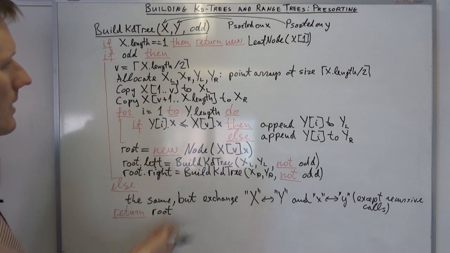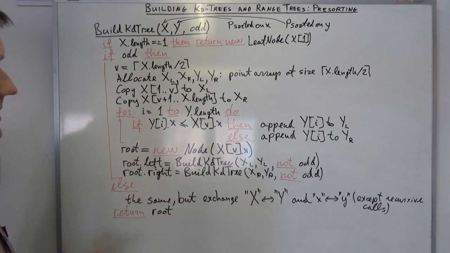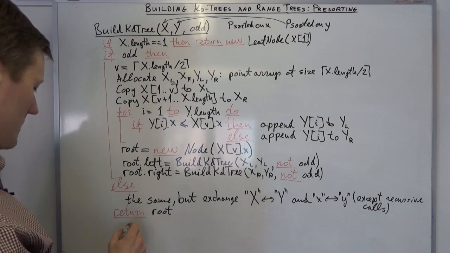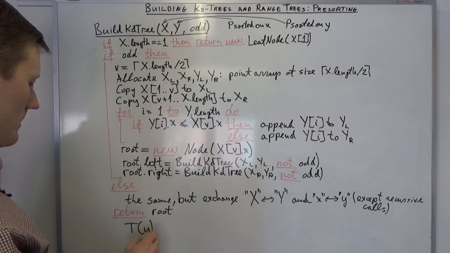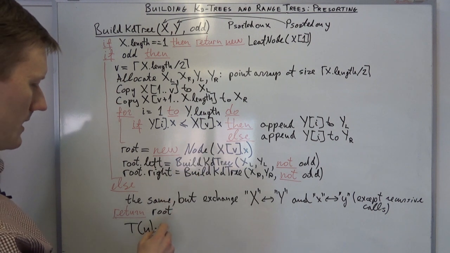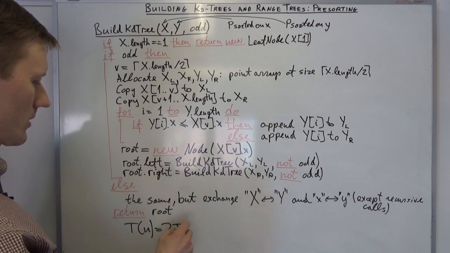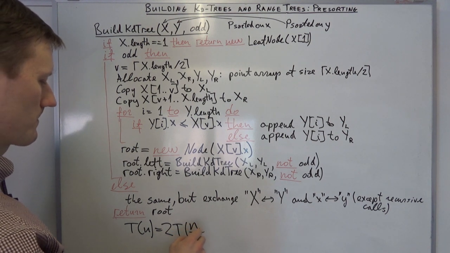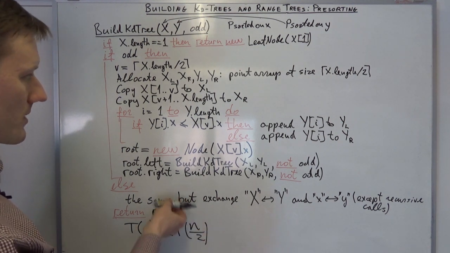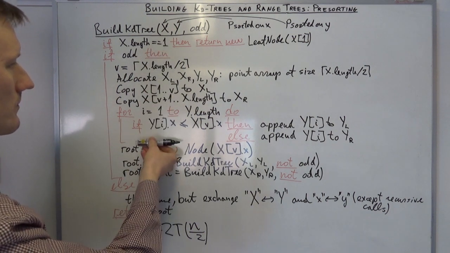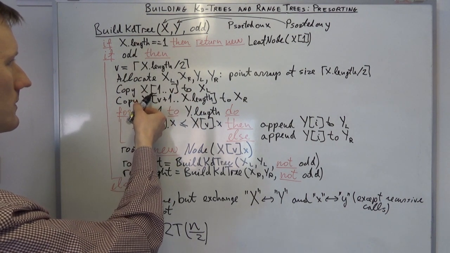So what is now the running time of this algorithm? Well, we can write it as a recurrence. We still have the same part where we recursively solve 2 subproblems of half the size of the original problem. But the rest of it is linear. So the copying here is linear.